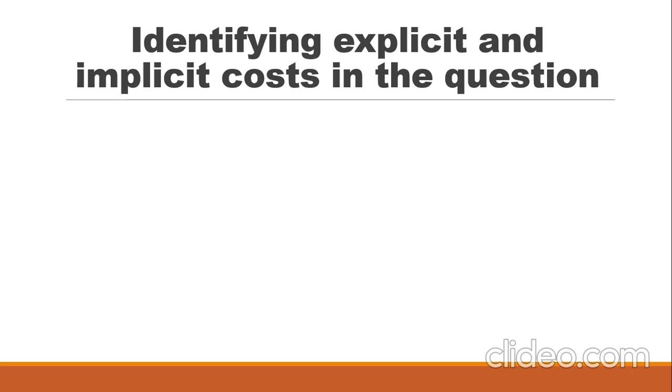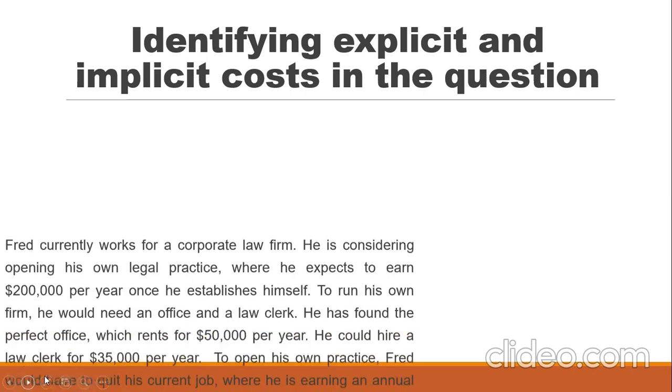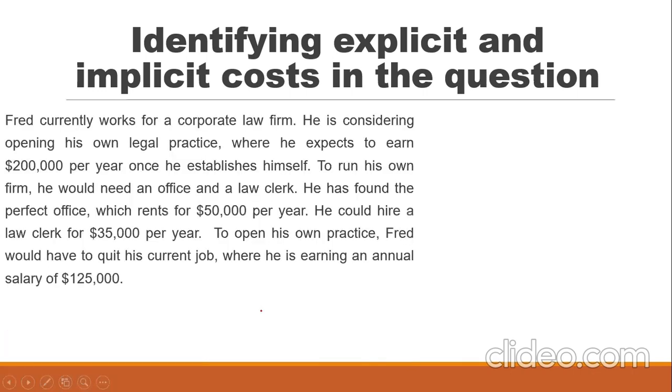Now let's look at an example provided. It says Fred currently works for a corporate law firm. He is considering opening his own legal practice. He expects to earn 200,000 per year once he establishes himself to run his own firm. To run his own firm, he would need an office and a law clerk.